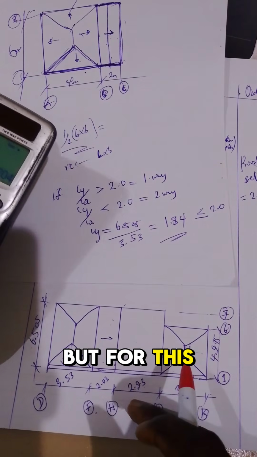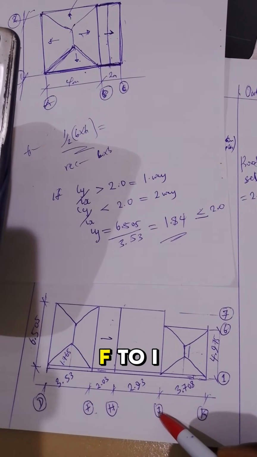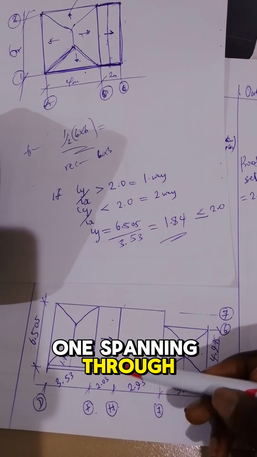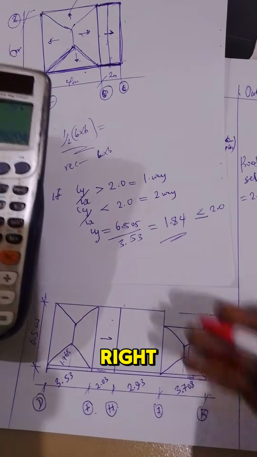But for this beam H1 to F to I1 spanning through to H7, right?